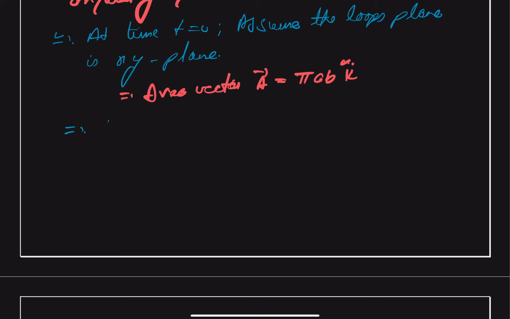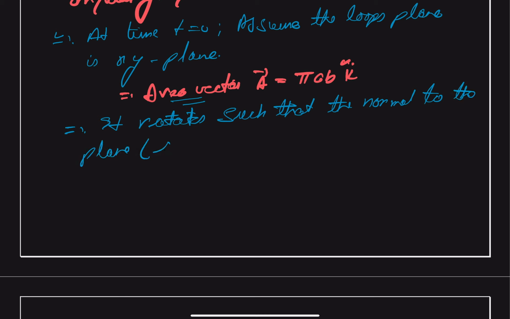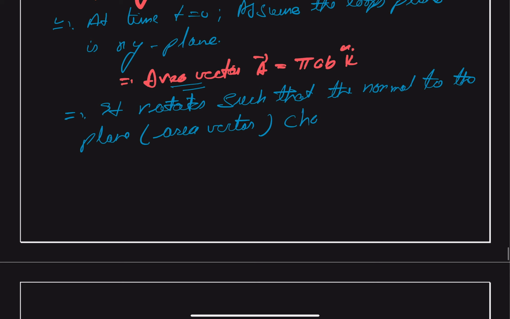You can say it rotates such that the normal to the plane, which is nothing but our area vector, changes direction, because initially it is along the k unit vector, that is our z axis.